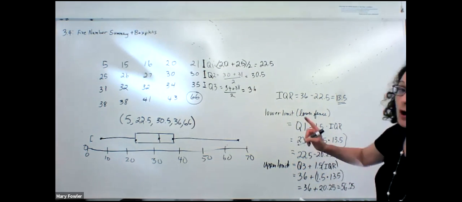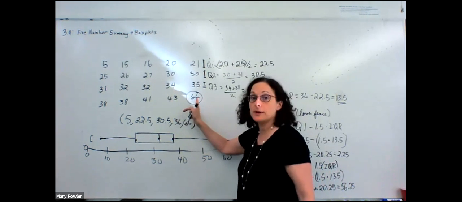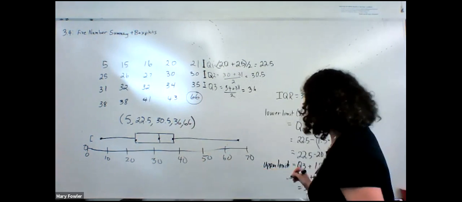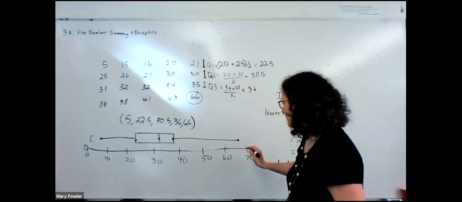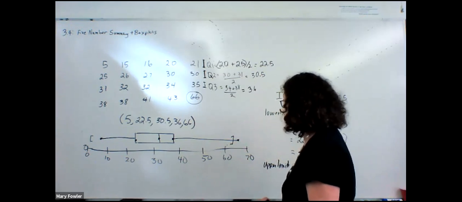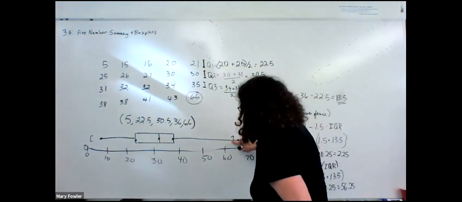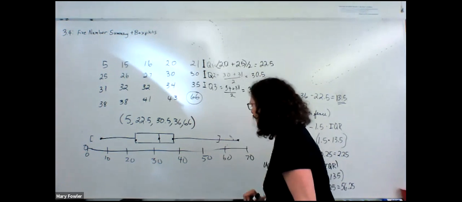Okay, so look over at the data to determine if I have any data points that are above my upper fence, and I do. So let's go ahead and place the upper fence where it goes. So the upper fence is here. At about 56, oops, sorry, that's not 56. So the upper fence is somewhere like here.